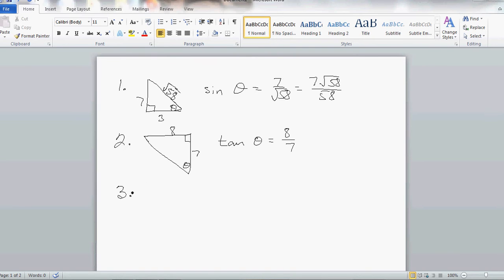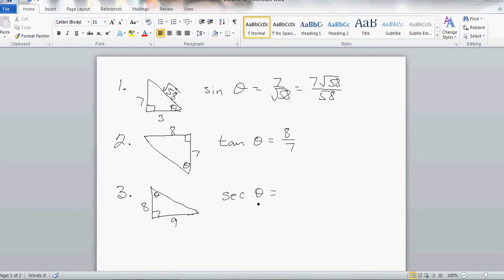Example number 3, we have this triangle. Right triangle right there. 8 with theta there and 9 there, and we want to know what is the secant of theta, and that does require the hypotenuse.